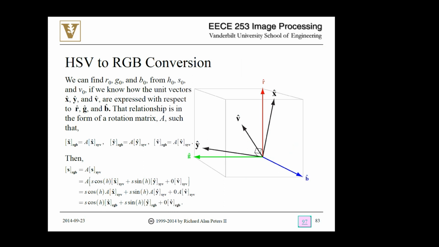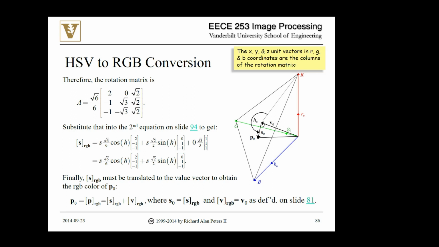These are the coordinates of your color in the HSV coordinate system. And then you convert to RGB with the help of this matrix. You simply have to multiply this matrix by the coordinates in HSV. Then you simply multiply and you are going back there.